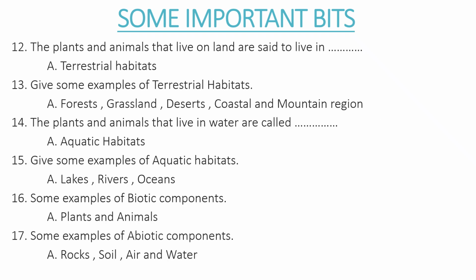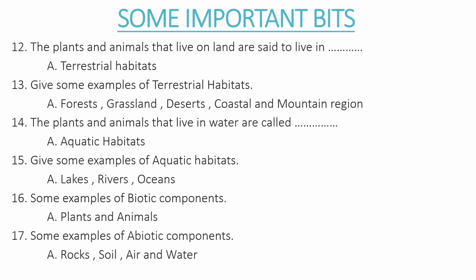The plants and animals that live on land are said to live in terrestrial habitats. Give some examples of terrestrial habitats. Forests, grassland, desert, coastal, and mountain region.